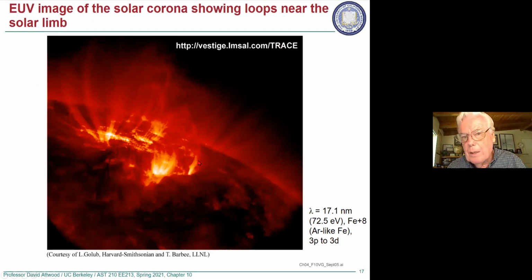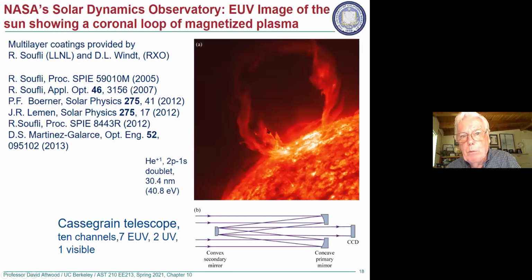Iron, Z equals 26, is the highest element of which there are copious quantities in the cosmos. You go beyond iron and it falls off very rapidly, and they need other processes to produce them. Okay, but anyway, there's a lot of iron in the sun's atmosphere, and that's what was used here. And we saw beautiful features and more of the same here.